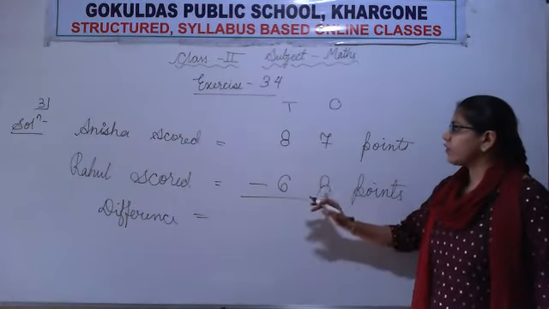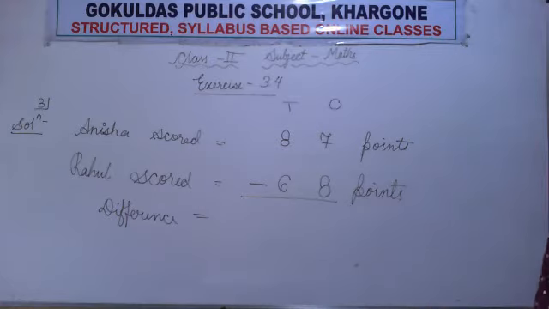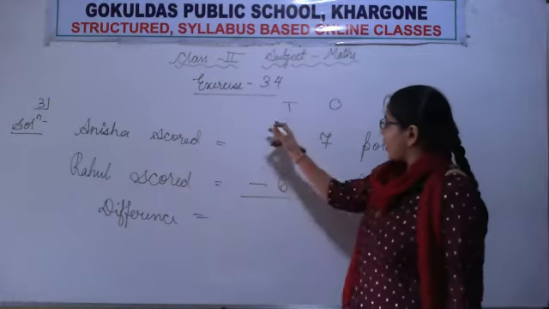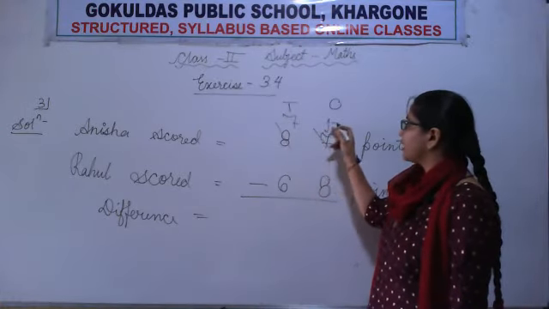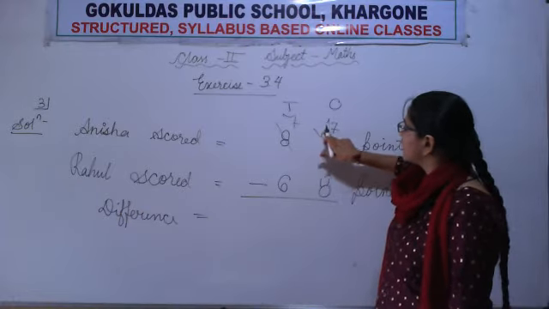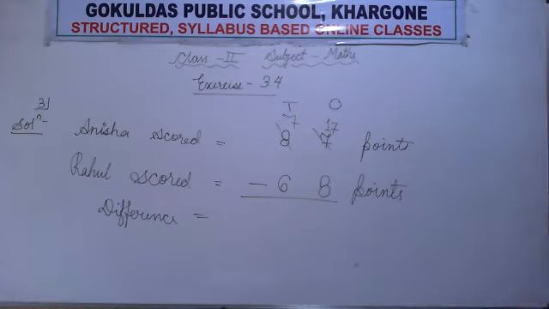Now can we remove 8 from 7? Yes or no? No. So what will the next step be? Borrowing. So this 8 will become 7 and this 7 will become 17.